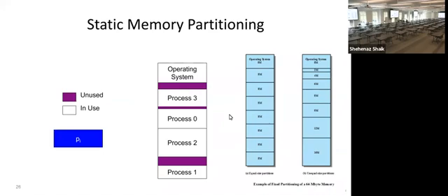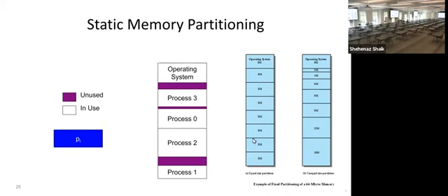What we do is we pre-partition the entire physical memory into some number of partitions of predefined size, where we can have all the partitions to be of exact same size, or we can have all the partitions to be of different sizes depending on the kind of processes that will be running on that particular physical system.